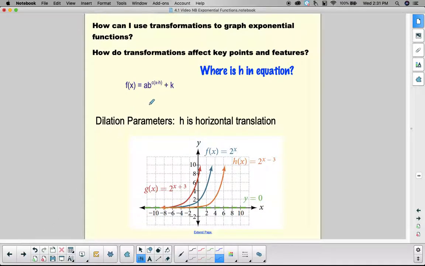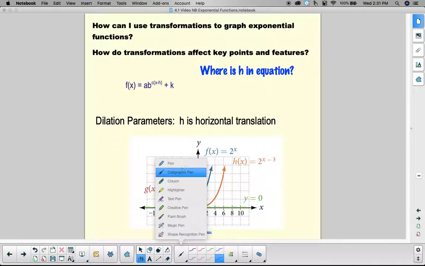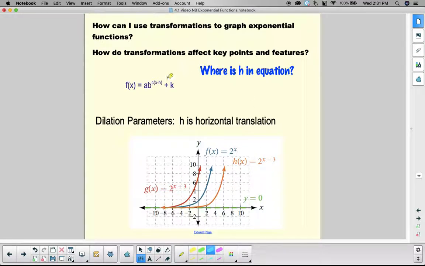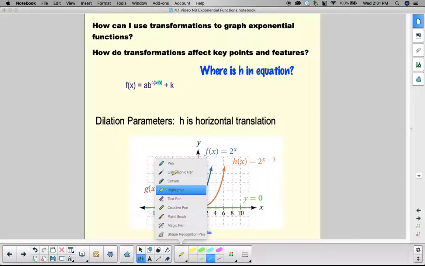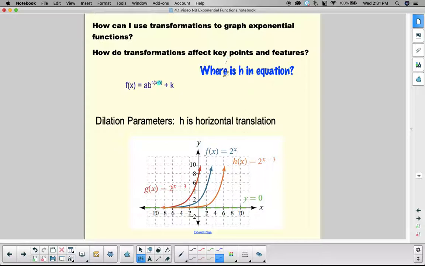The next transformation parameter is h. Let's find h in the equation. h is up there in the exponent. Notice a couple of things about h. h is being subtracted from x, and x has a coefficient of 1.